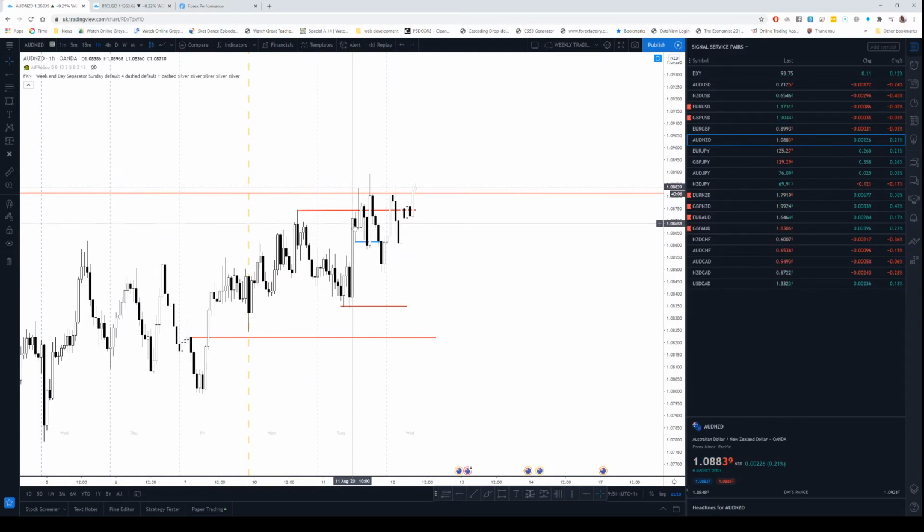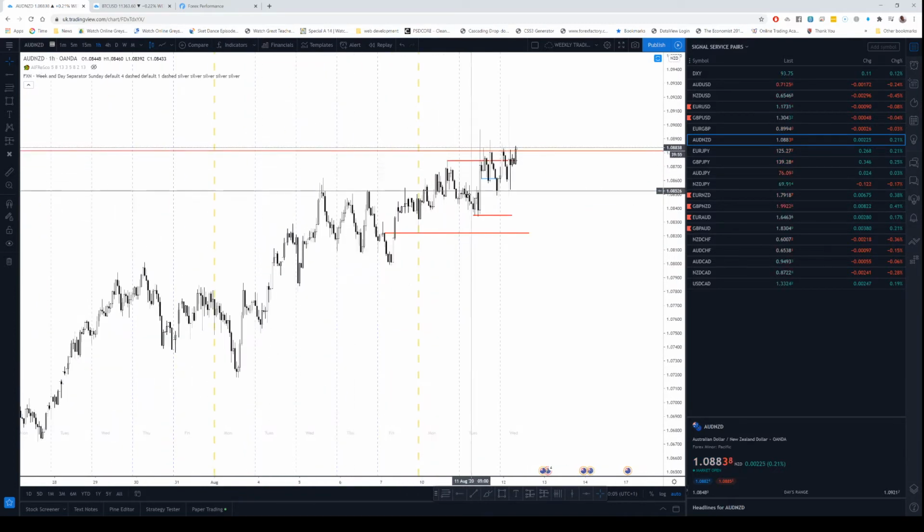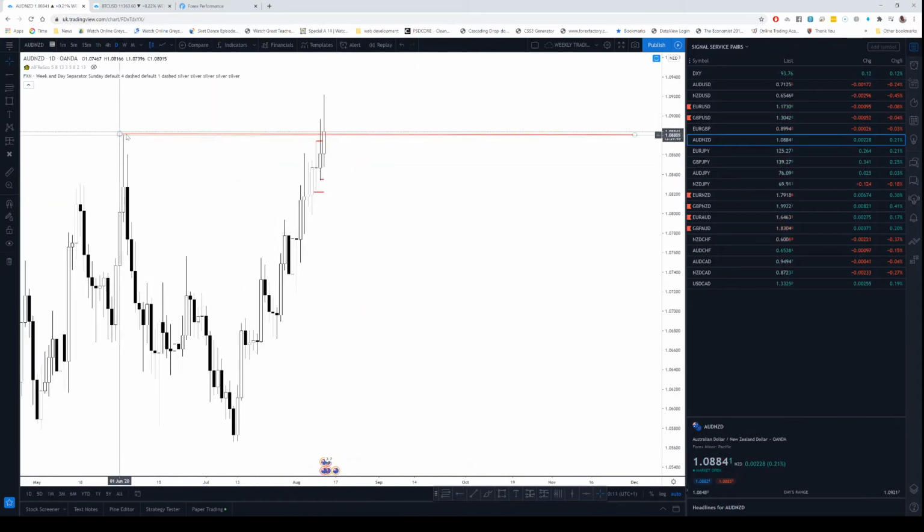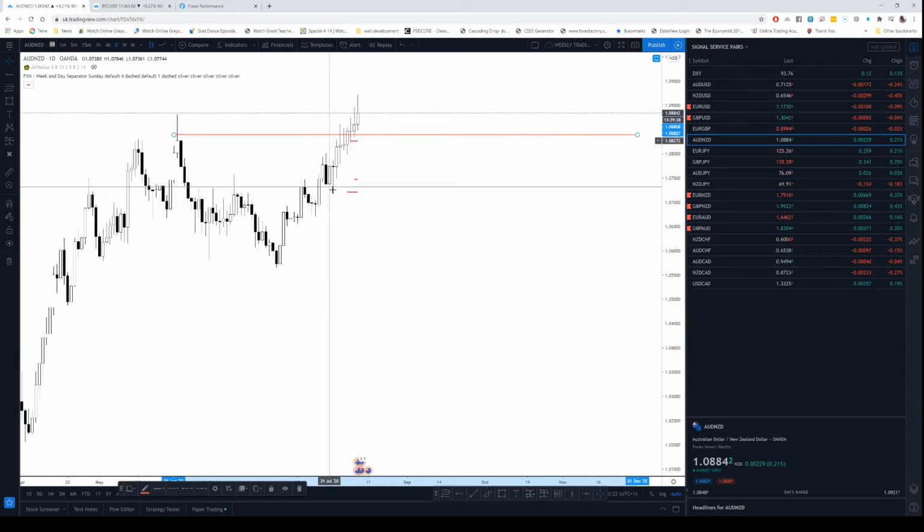As soon as we finished the live session, price decided to just clean that high. So we're still looking for a continuation. What I want to see is price to close above it. If we do not close above it, then that's a problem. Then this could be just a run on stops, and they could be coming back down.